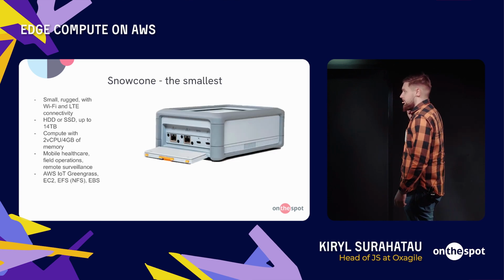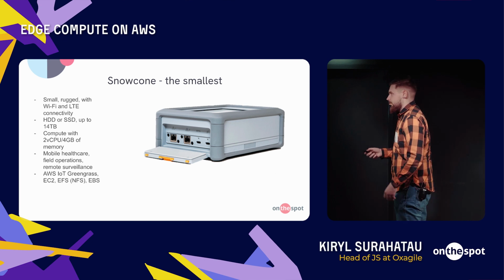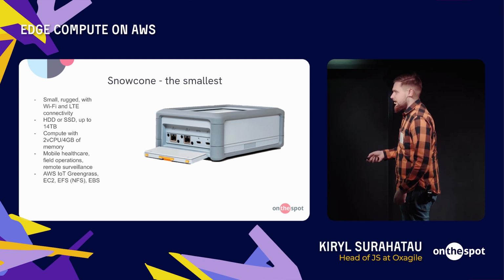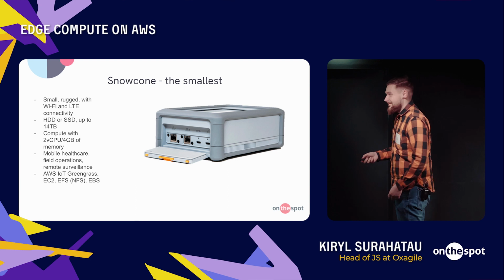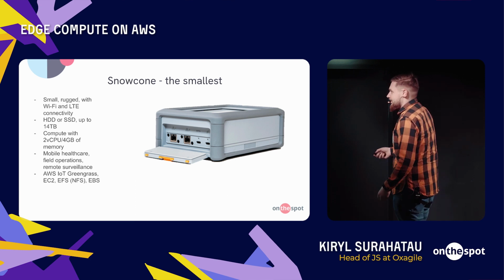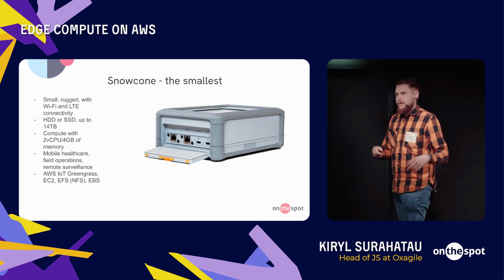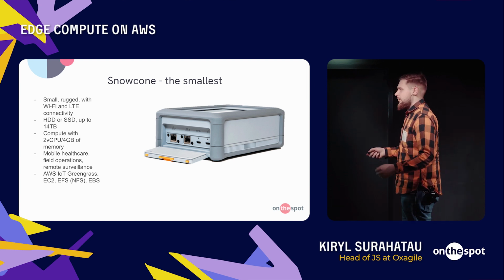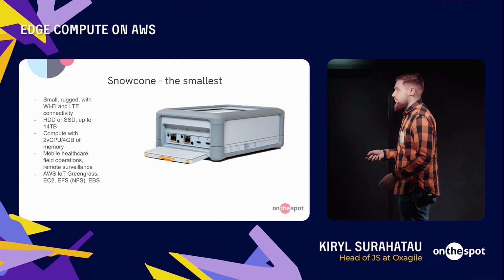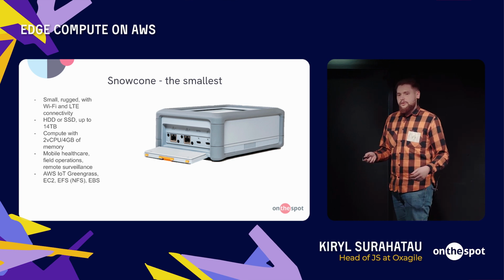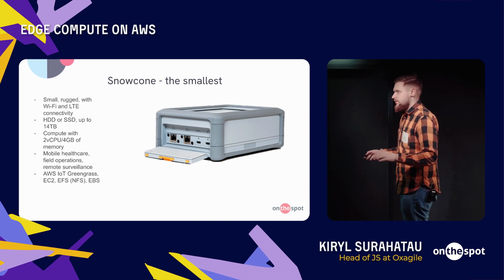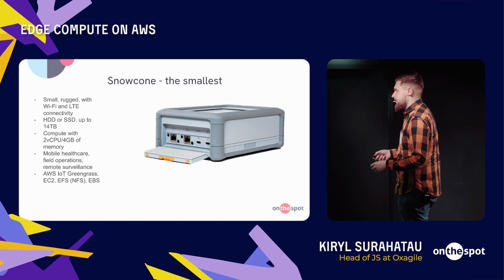And let's move to the Snow Family itself. It's actually a Snowcone, and we have such a device here. It's small, rack-mountable, enabled with Wi-Fi and LTE. It has an HDD of 8 terabytes or an SSD of up to 14 terabytes. It's equipped with 2 vCPU and 4 gigabytes of memory, driven by a very energy-efficient Intel Xeon family CPU.